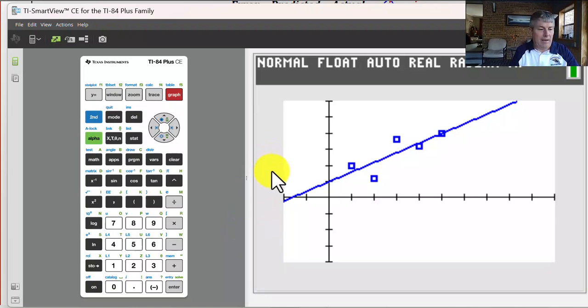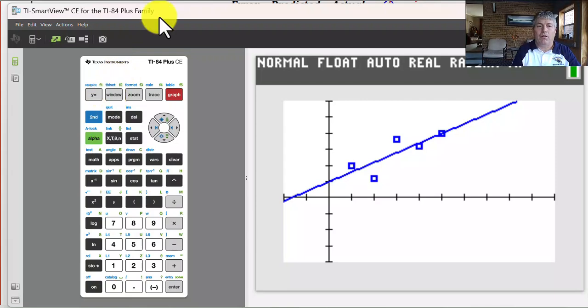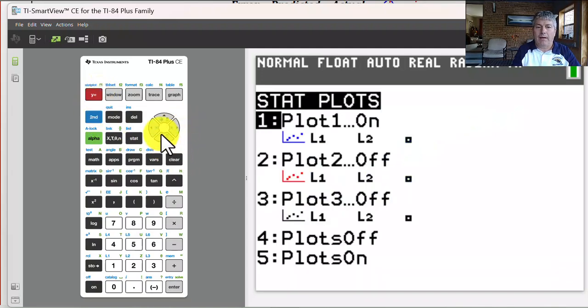Now we'll go ahead and graph the residual. So this is something new. We'll go back to the stat plot menu, and I'm going to turn plot 2 on.